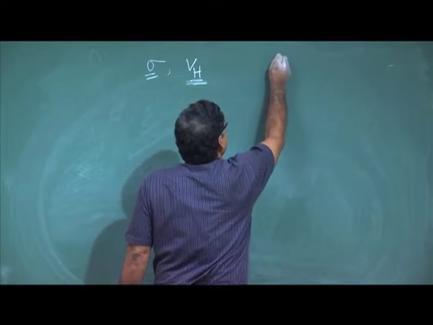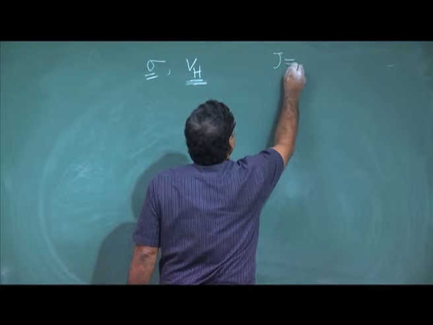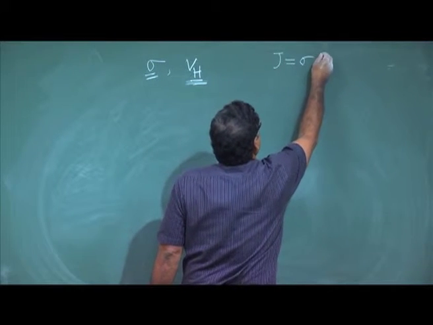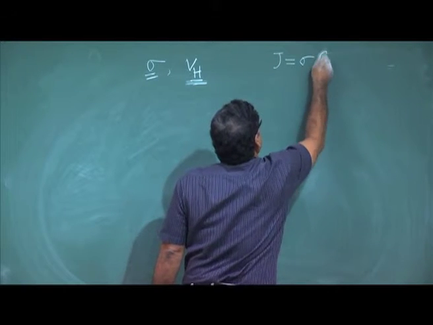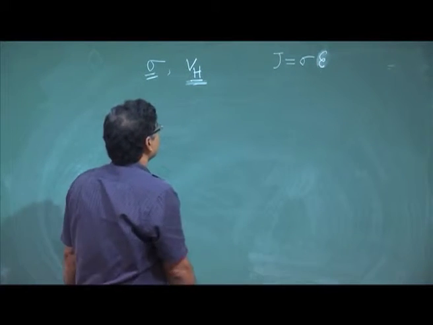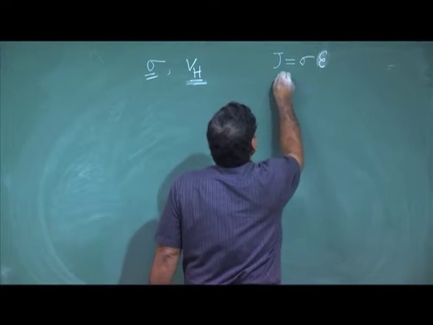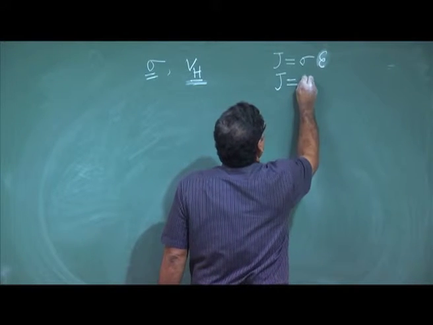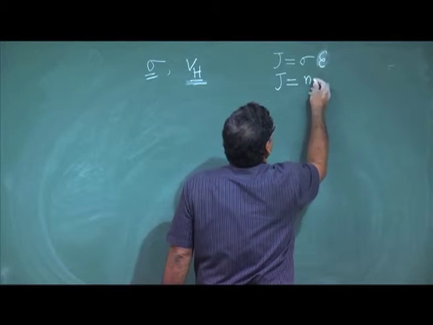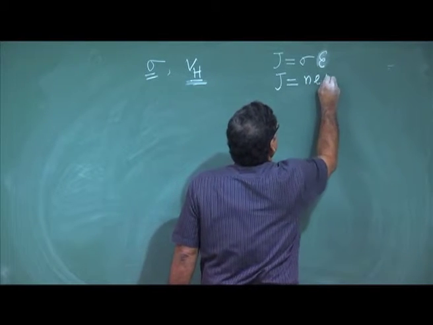That's what the relation was, J equal to sigma E, or let me write electric field, right, and J equal to N E mu.